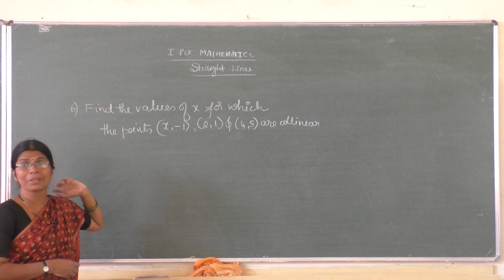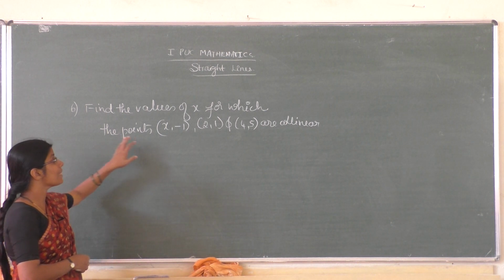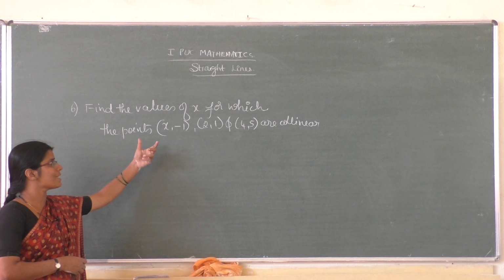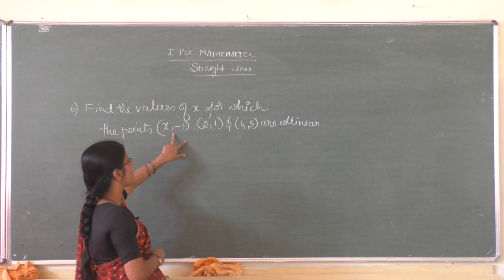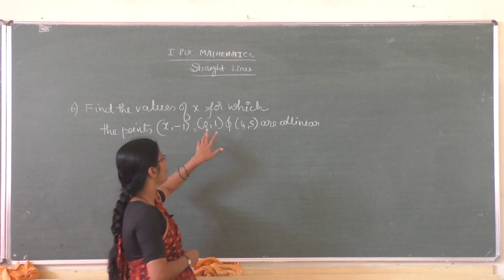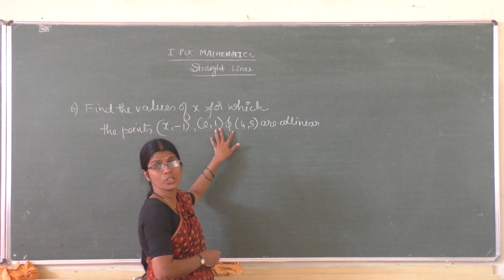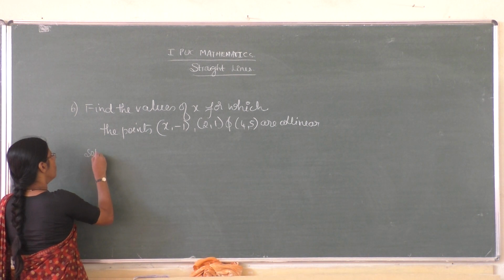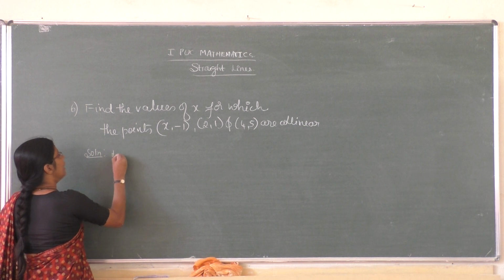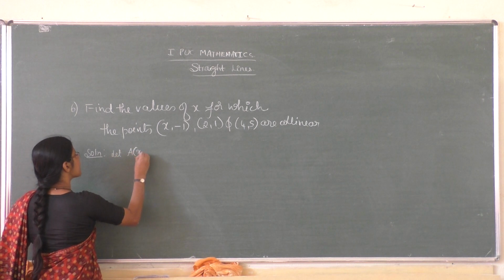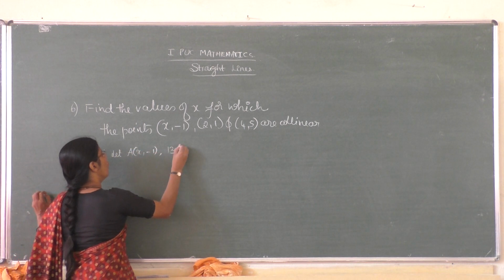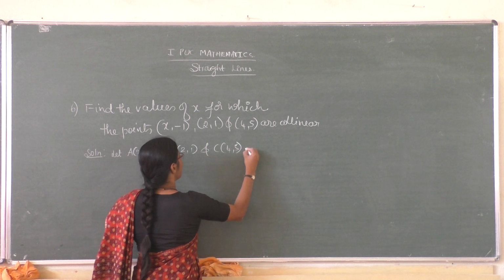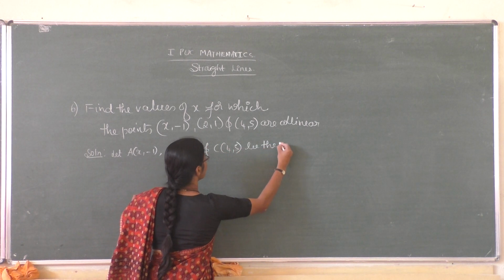Suppose the 3 points are collinear, then the slope of any 2 points, that is the slope of the line segment joining these points, is equal to the slope of the line segment joining these 2 points, correct? So let A be x comma minus 1, B be 2 comma 1 and C be 4 comma 5, the given points.